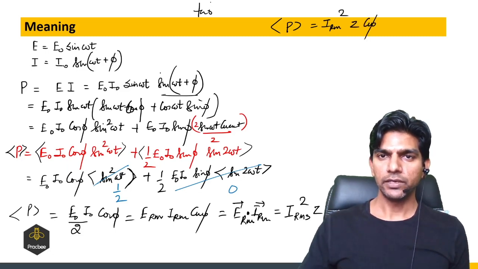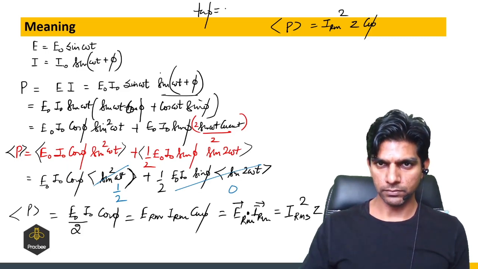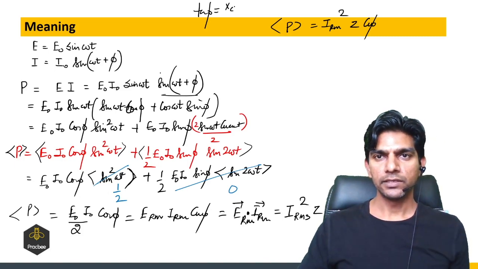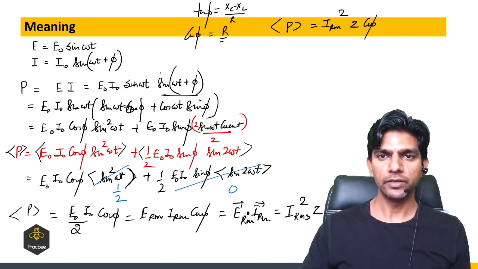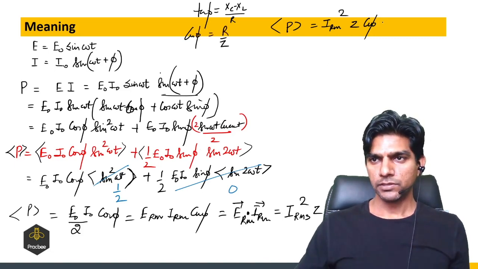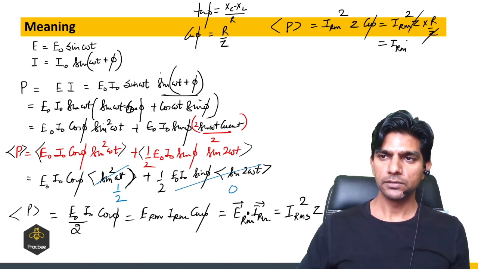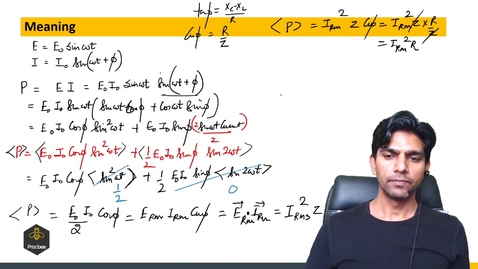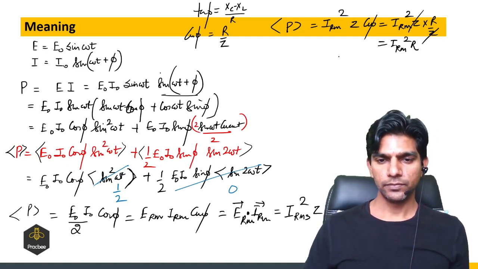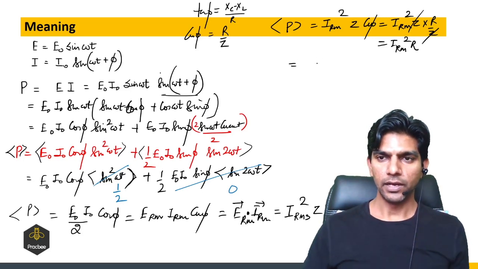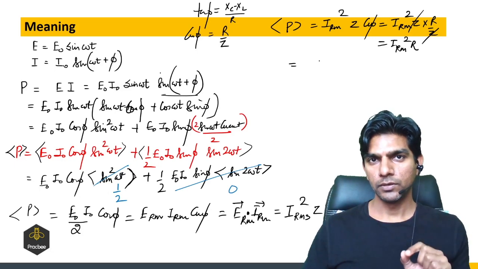And we know that in case of an LCR circuit, tan phi will be given as XC minus XL upon R. So cos phi will be given as R by impedance, right? So this can be written as I RMS square times Z times R by Z. So this Z will get cancelled out, and this will become I RMS square times R. Or if you want to write the formula without I RMS, I can be written as E RMS divided by impedance.